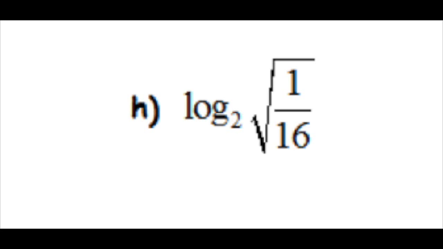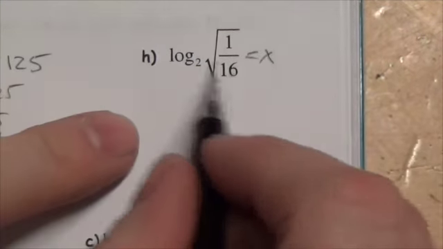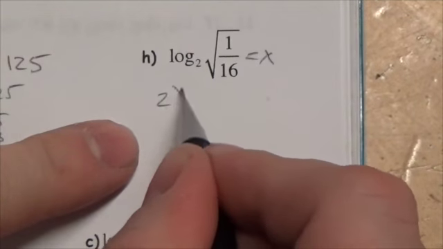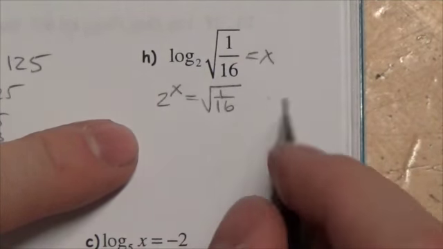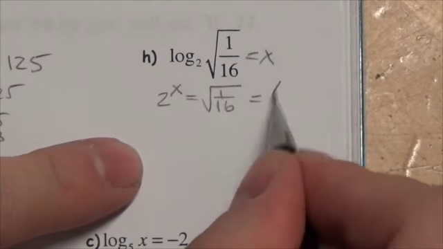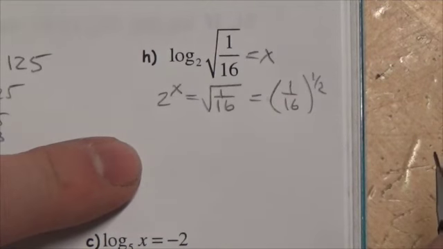Log base 2 of the square root of 1 over 16. Okay, here's another one that I'm going to set equal to x and then work my way around it. So first of all, convert this to the exponential form and we get 2 to the x is equal to root 1/16. Okay, so the root 1/16, first of all, is going to be 1 over 16 to the 1/2.